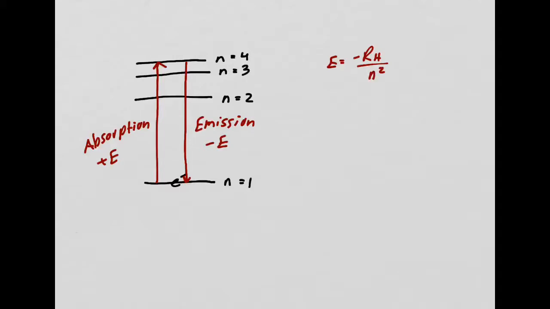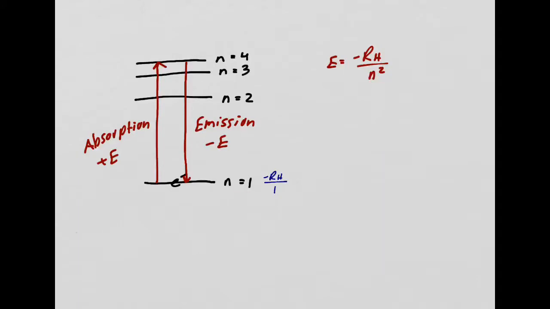This is the energy for each energy level. So if I'm on the first energy level, the energy would be minus RH divided by 1, because N is 1, and 1 square is 1.